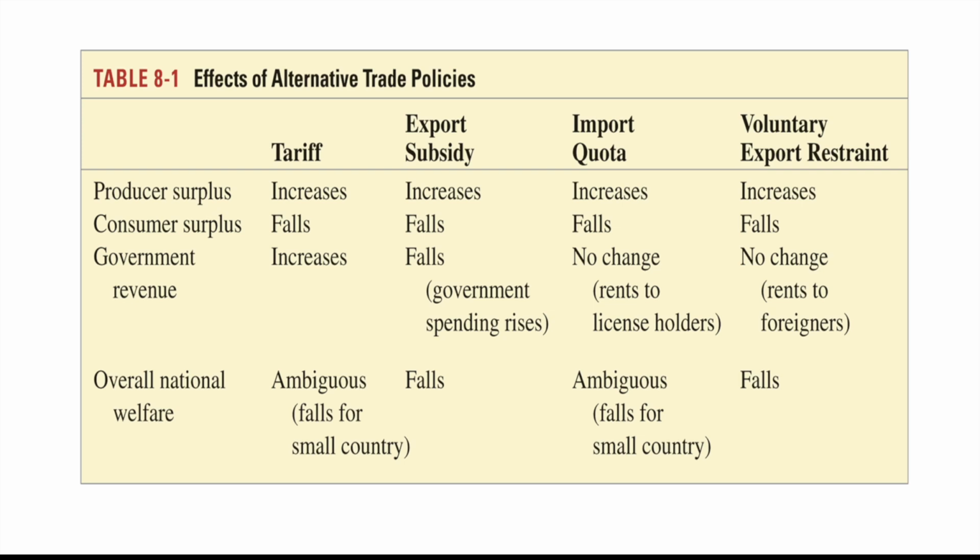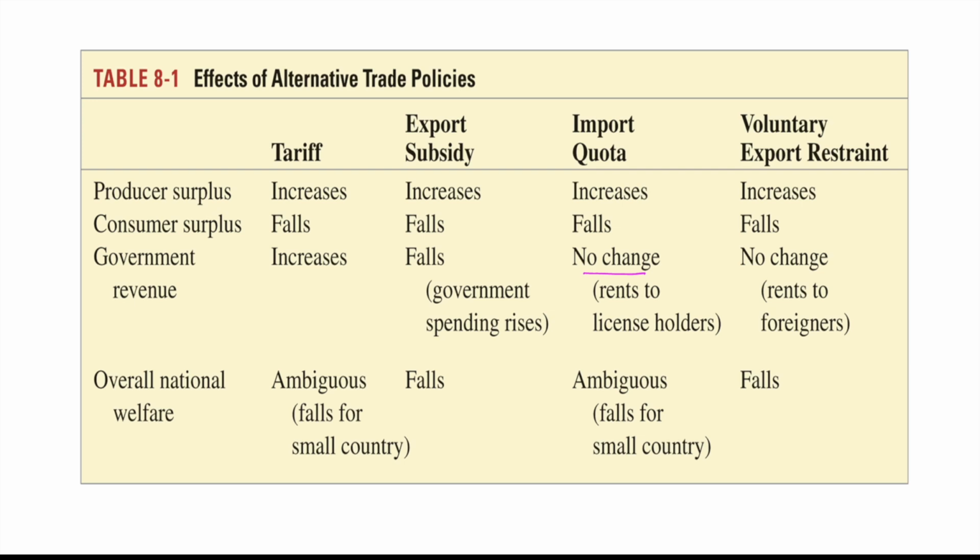Import quota has kind of similar effects on consumer and producer surplus. While producer surplus increases, consumer surplus falls. The government revenue with an import quota sees no change because it doesn't collect revenue from the quota.